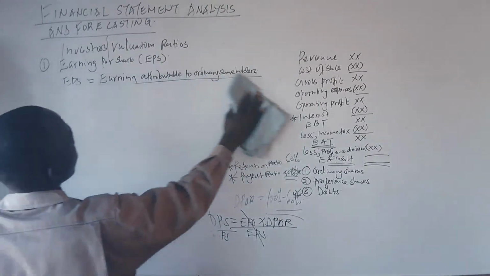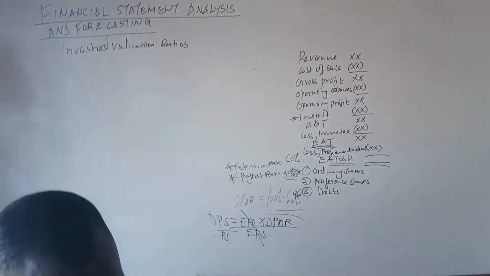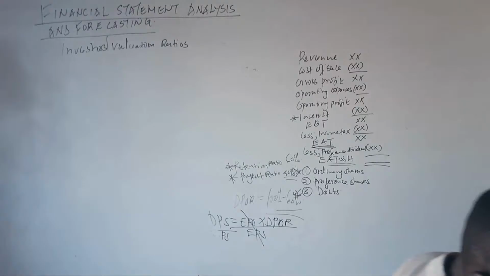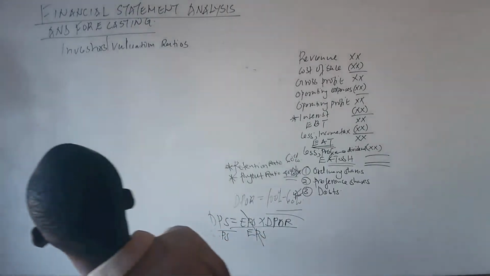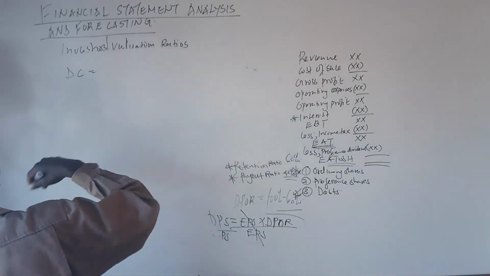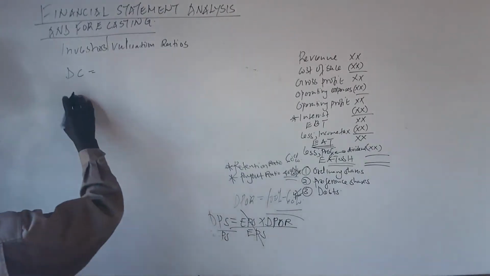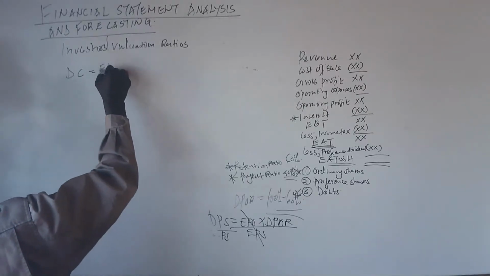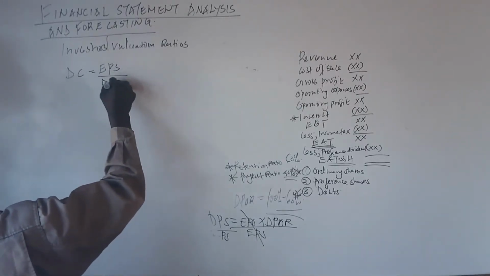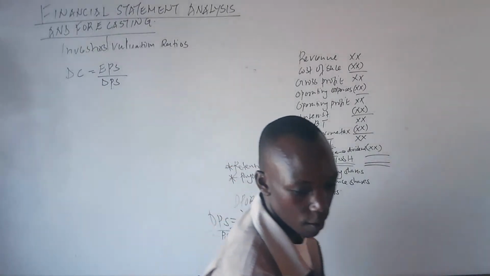So let us look at how we can get the dividend cover. DC indicates the number of times the dividend can be paid out of the ordinary share. So it will be EPS over DPS. And in that case, when you get the answer, you write it as number of times.